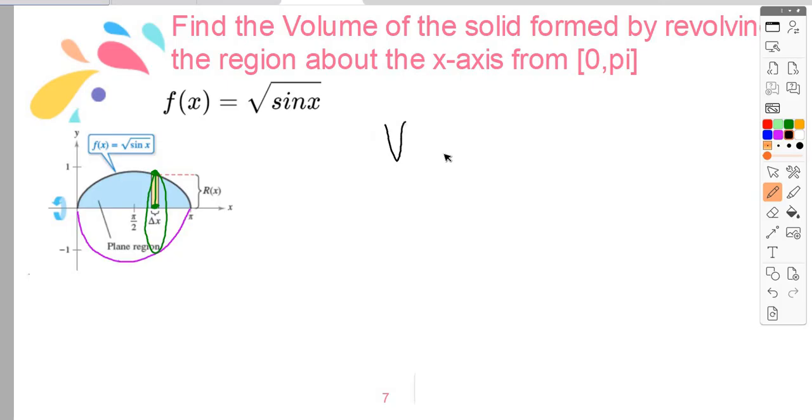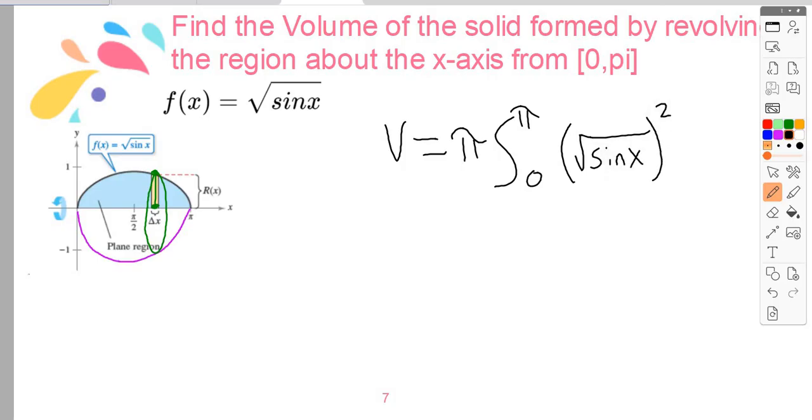So my volume is equal to pi. Usually we just go ahead and write our pi on the outside. Times the integral from, what are our bounds? 0 to pi of our function. We said that that's our r of x squared dx.